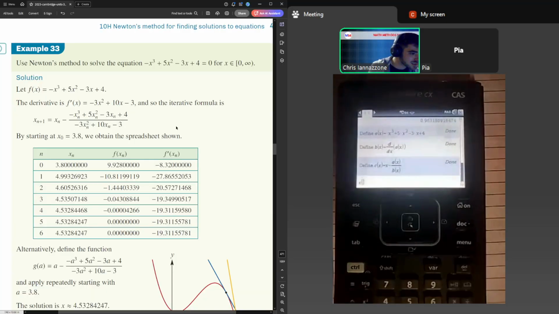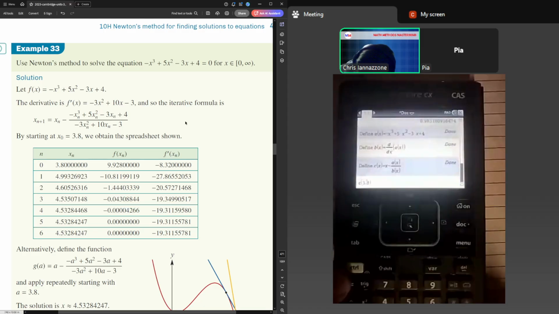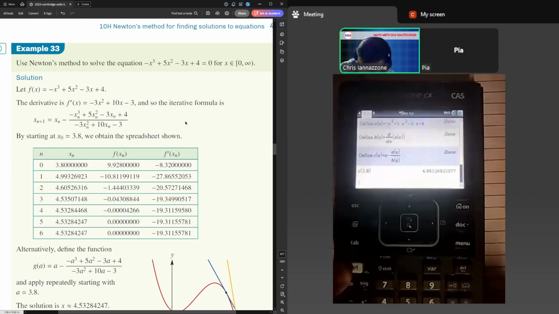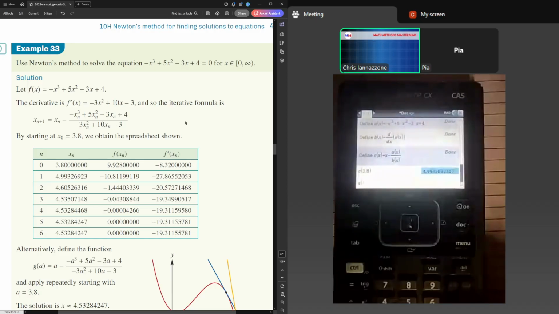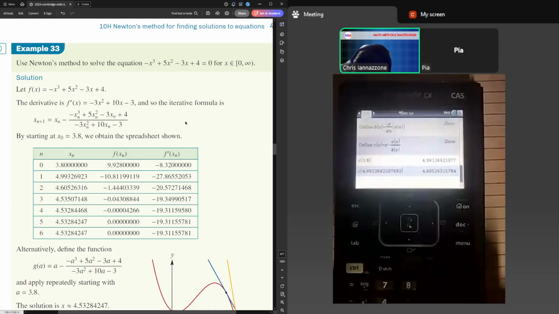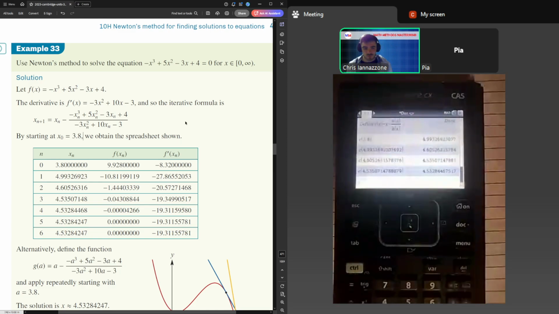In this case, the book started at 3.8, so we're going to put 3.8 into C. Do decimals on this, the fractions will get pretty nasty pretty quickly. And so that's going to go as 4.99 as the next possibility. All you do from there is feed that back in, and then feed that back in, and you keep going until you have whatever accuracy you're looking for.